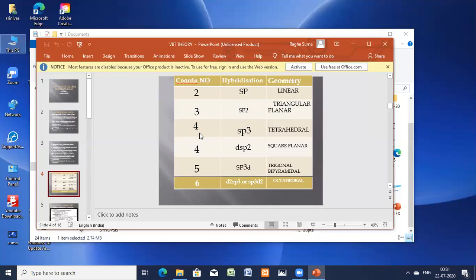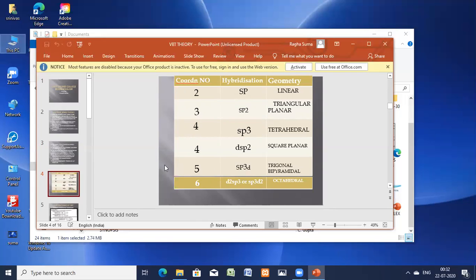If it is 4, then sp3 hybridization, tetrahedral shape. With coordination number 4, it can even be dsp2, square planar. With coordination number 5, sp3d, trigonal bipyramidal. If it is 6, then d2sp3 or sp3d2, an octahedral complex.